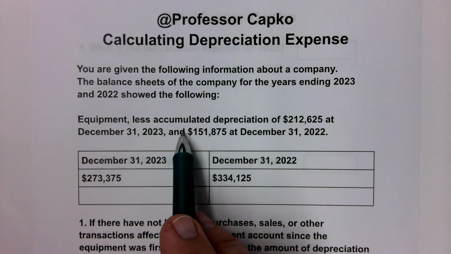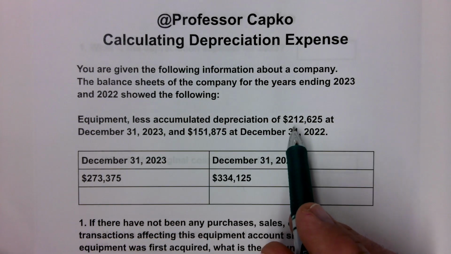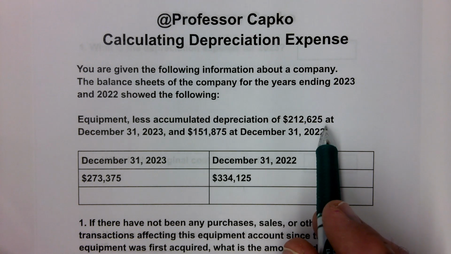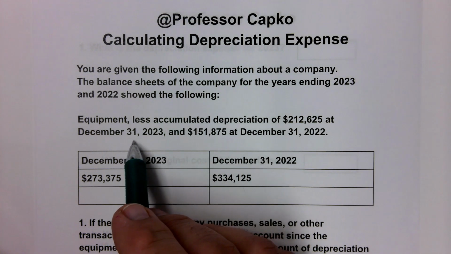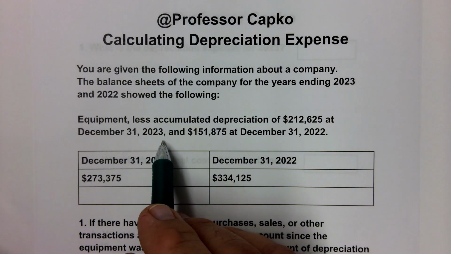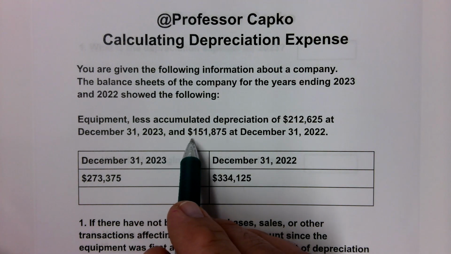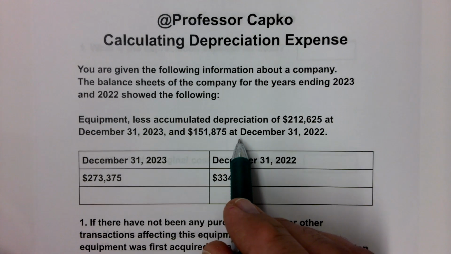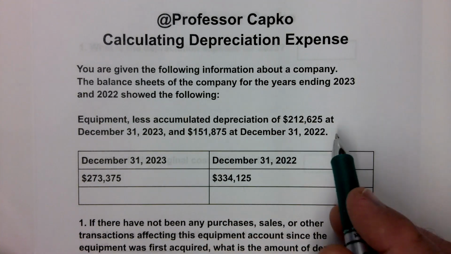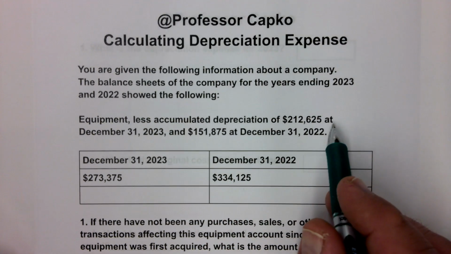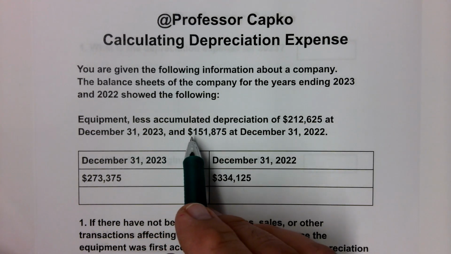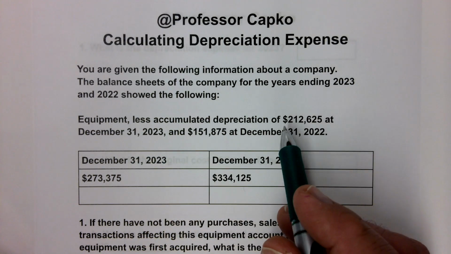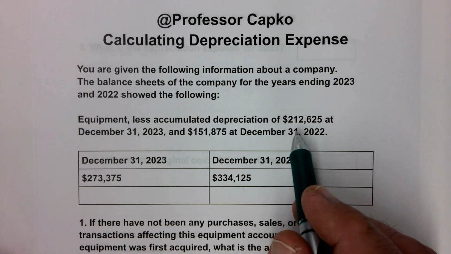Equipment less accumulated depreciation of $212,625 at December 31st, 2023, and $151,875 at December 31st, 2022. So this is the accumulated depreciation that is shown in the accumulated depreciation account at the end of each of those years.